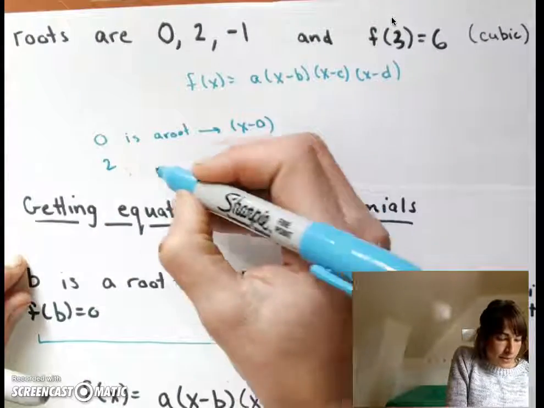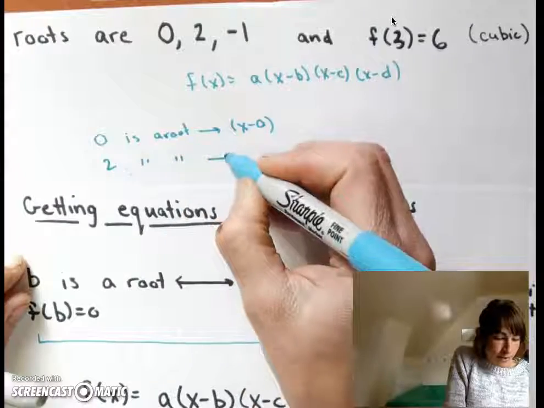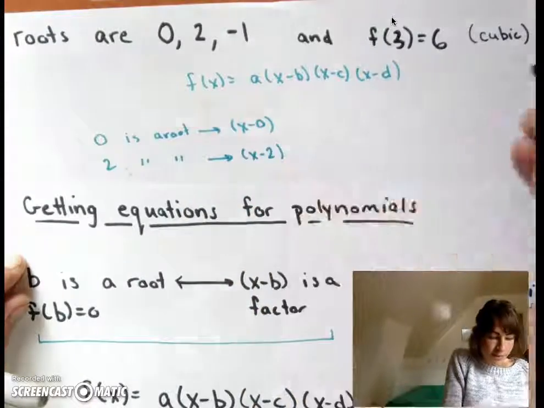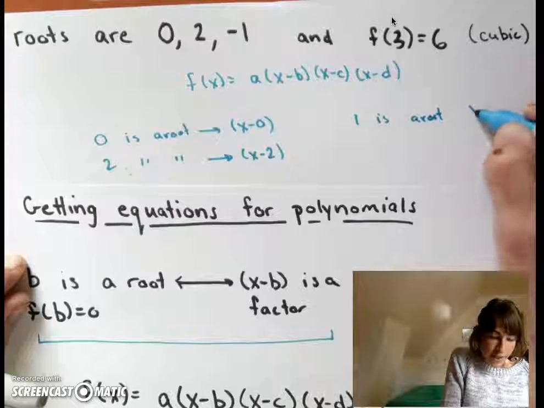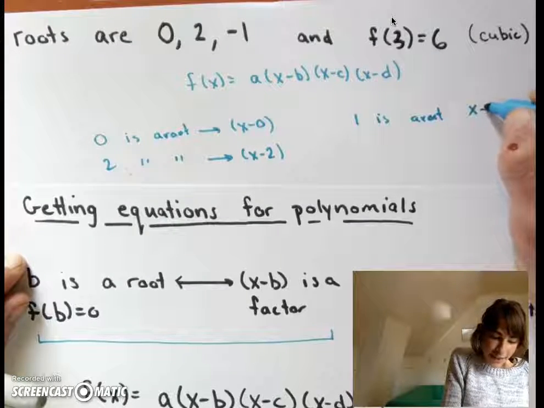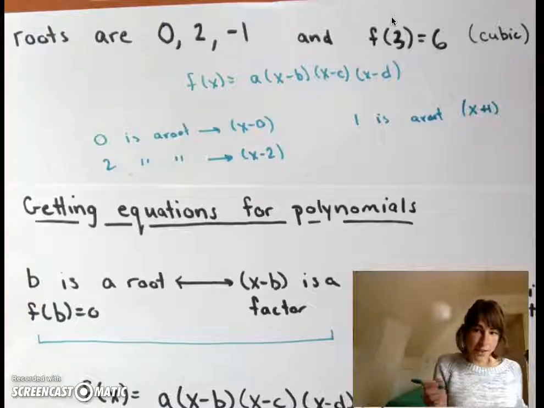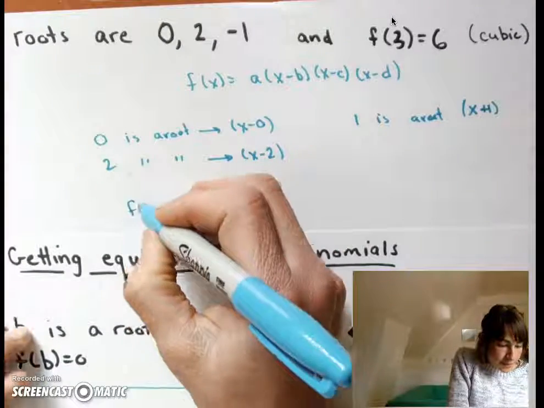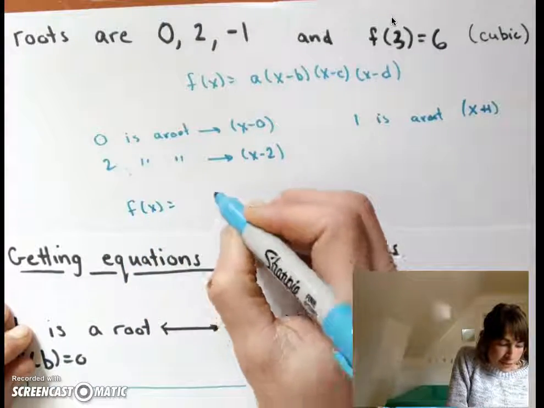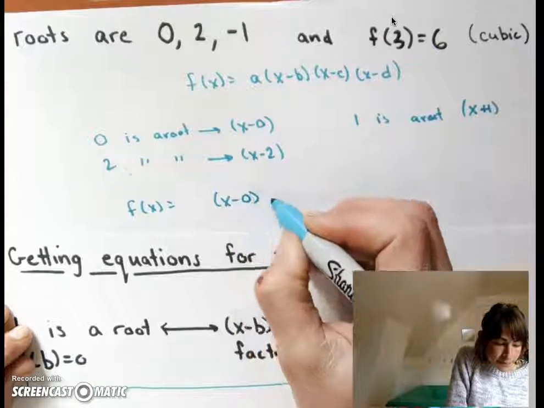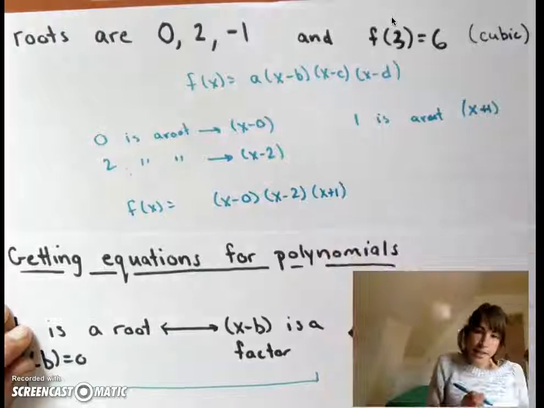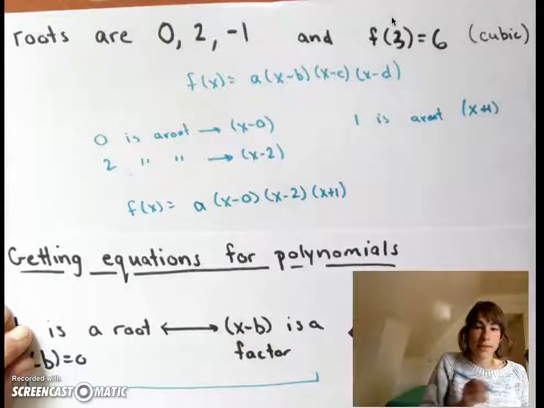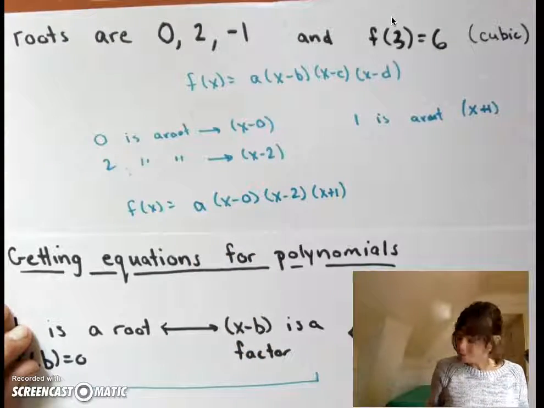Since 2 is a root, x minus 2 is a factor. Since negative 1 is a root, x minus negative 1 is a factor. So x plus 1 is a factor. So my polynomial is made up of all of these factors, and it's scaled by a. And again, I need to solve for a.